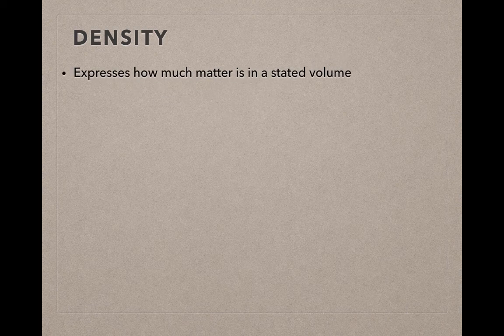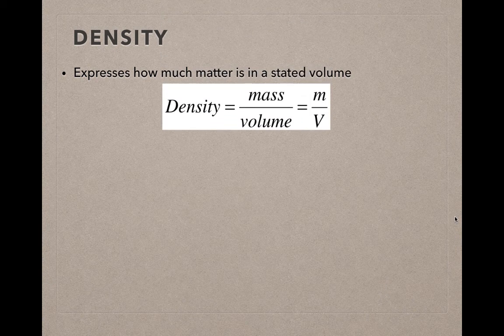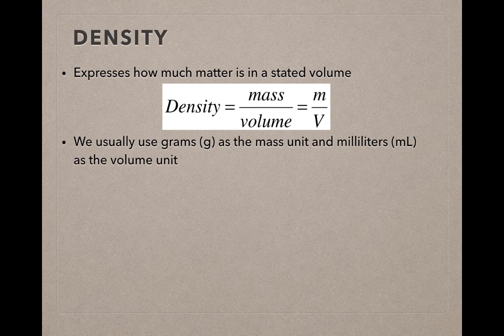Well, let's look at some calculations that we might do with some multiplication and division. One of the values that we explore is density, and density expresses how much matter is in a stated volume. And so we can write an equation for that where we say density is equal to mass over volume, or just m over V. We see a little m for mass and a large V for volume.